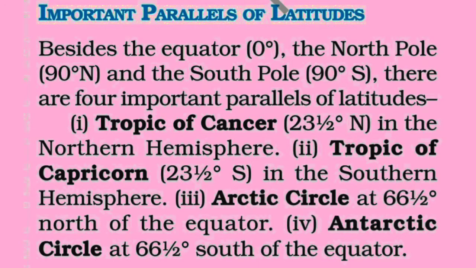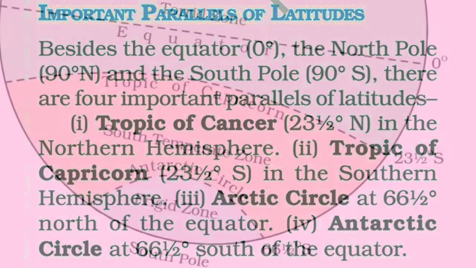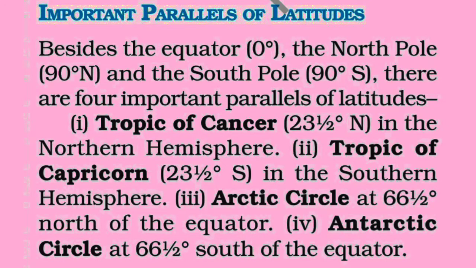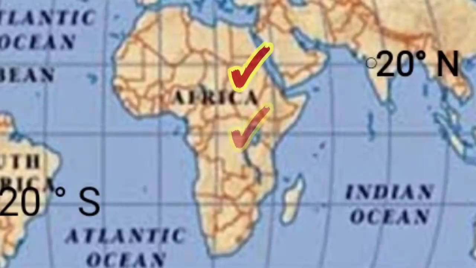Second is the Tropic of Capricorn, 23.5 degree south. It is situated in the southern hemisphere. It passes through the center of Australia. Children, you know Africa is the only continent where the three important latitudes, equator, Tropic of Cancer and Tropic of Capricorn, pass. So learn it, very important.